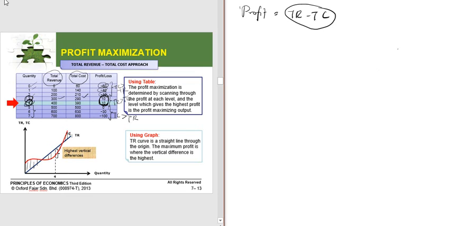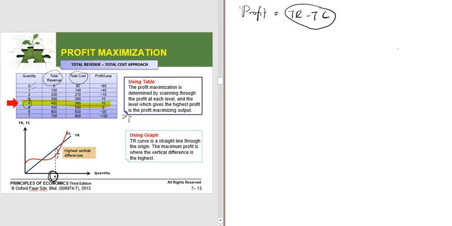Okay, so to show the figure of maximum profit here, let me highlight the level of maximum profit in this table, which is this one. At this point you can see that the production quantity is 4 units as shown on the graph here.